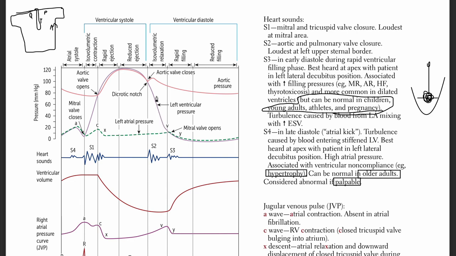Okay, up to here, when the mitral valve opens. So when it opens, there is a little bit of fluid or blood coming in from the left atrium into the left ventricle. So when it opens up, the pressure actually decreases, right?